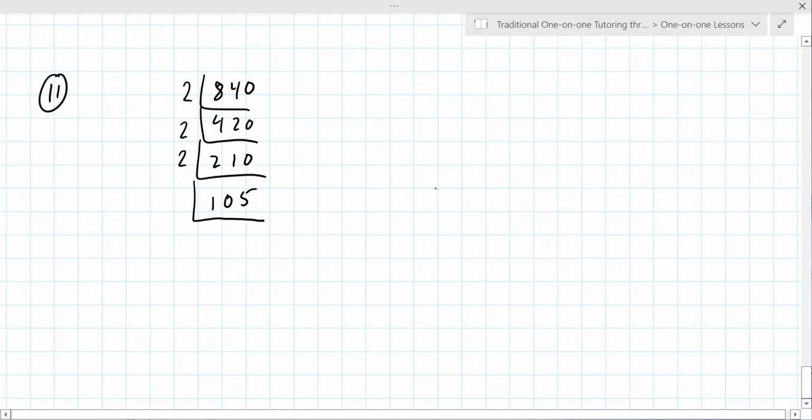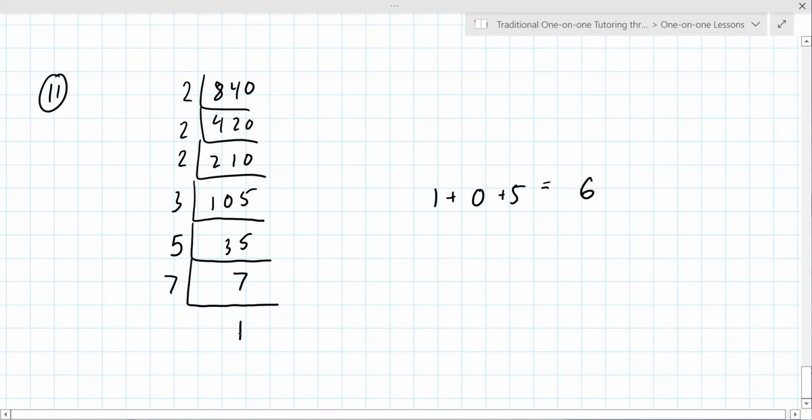That's where you try 3, which does work. So 3 goes in. But 3 does not work with 35. And then you say, oh yeah, 5 does work 7 times, 7 is prime. And then you've got it.